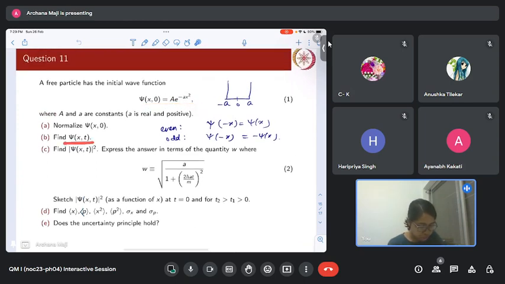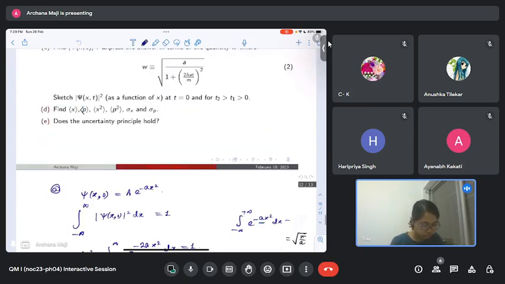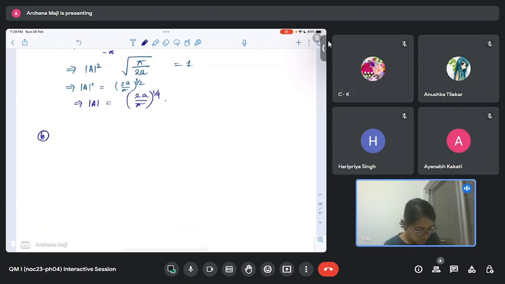Now part B says find psi(x, t). For a free particle, the solution looks something like this.